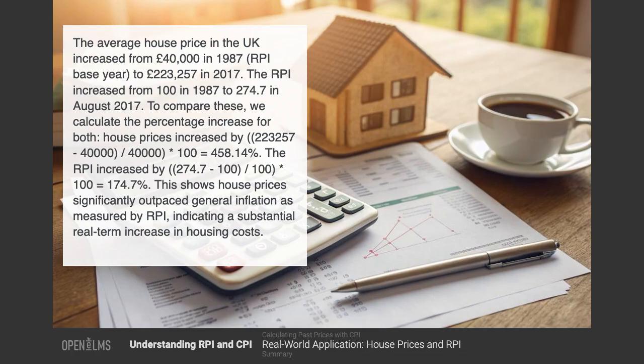House prices increased by (223,257 minus 40,000) divided by 40,000, times 100, or 458.14%. The RPI increased by 274.7 minus 100, which equals 174.7%. This shows house prices significantly outpaced general inflation as measured by RPI, indicating a substantial real-term increase in housing costs.